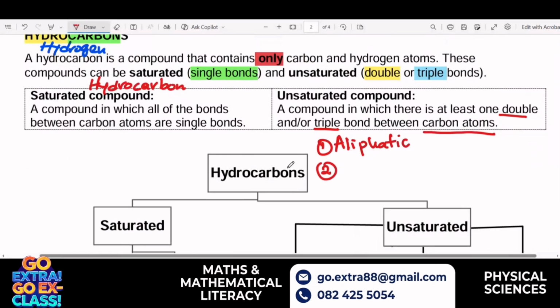The next group of hydrocarbons is called aromatic.